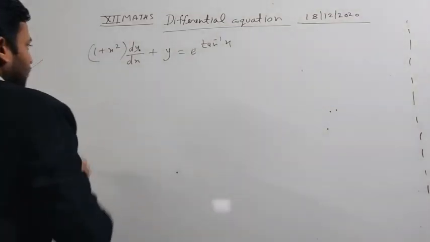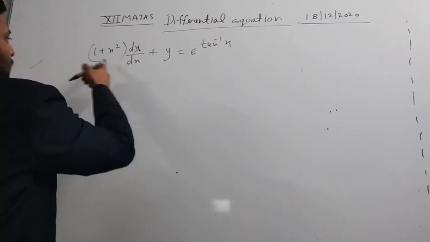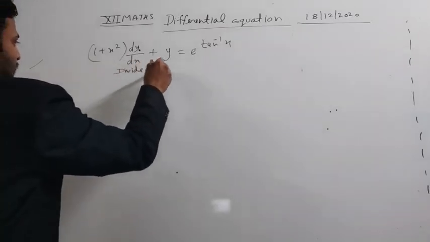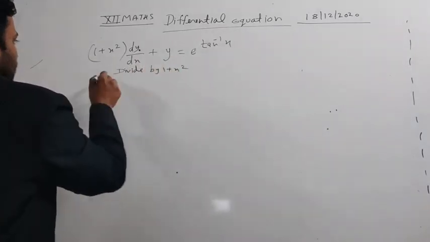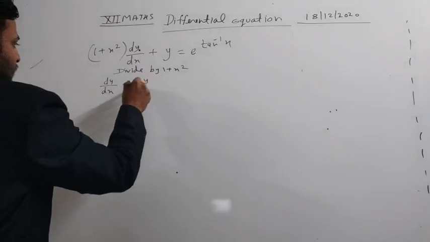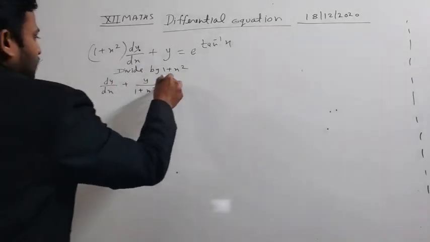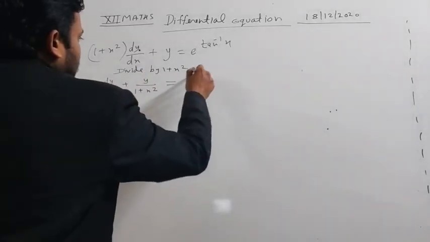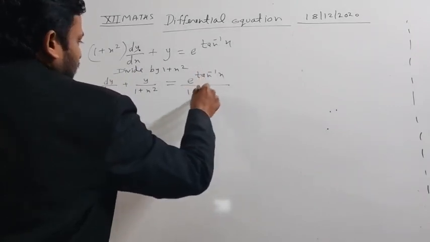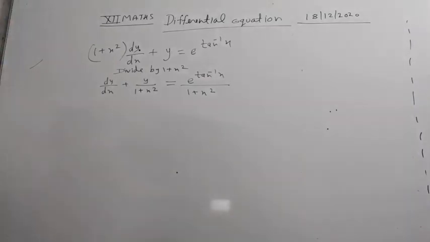so first we will divide this by 1 plus x square. So we write dy by dx plus y by 1 plus x square is e to the power tan inverse x by 1 plus x square.